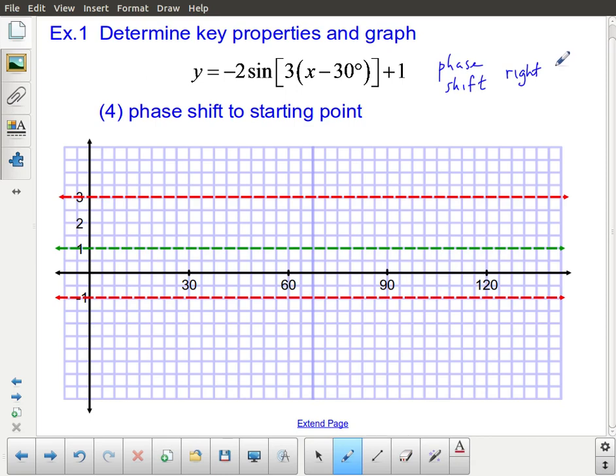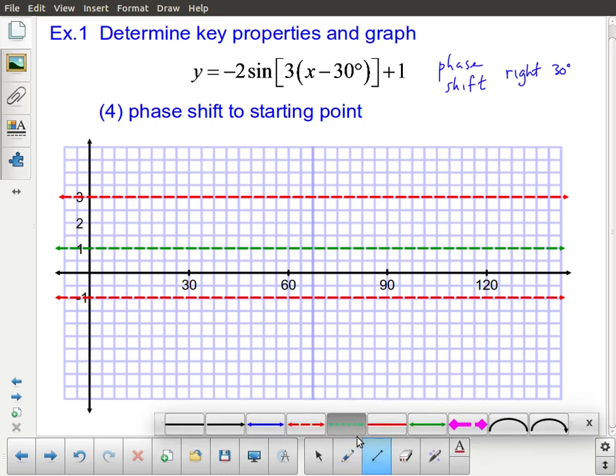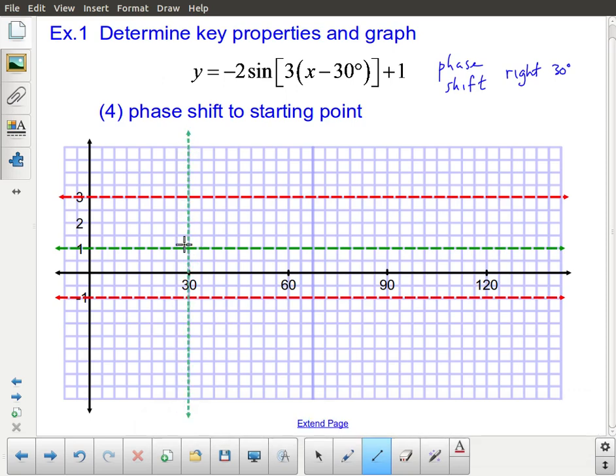Phase shift right by 30 degrees. So instead of starting on the y-axis, which is where the sine curve typically starts, my starting point is going to be at 30 degrees. So my graph is going to start along that line.